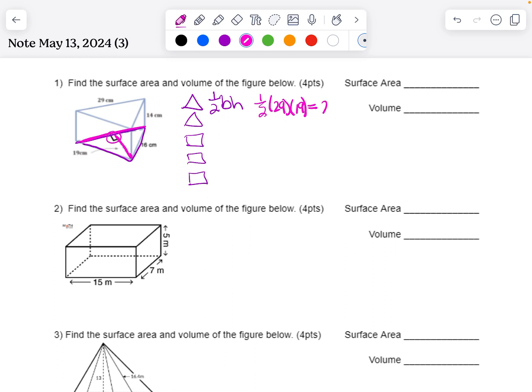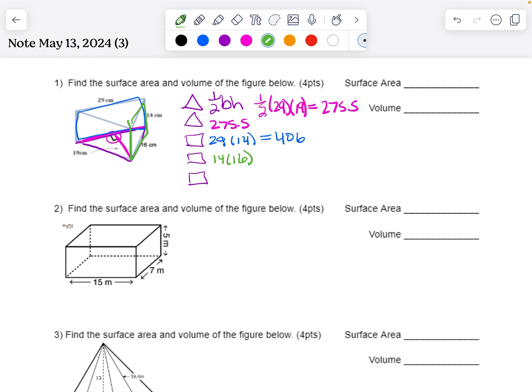So I'm not going to solve that one again because I know they're the same. And then for each of these rectangles, I have this one back here, which is 29 by 14, which is 406. I have this one over here, which is 14 by 16, which is 224.